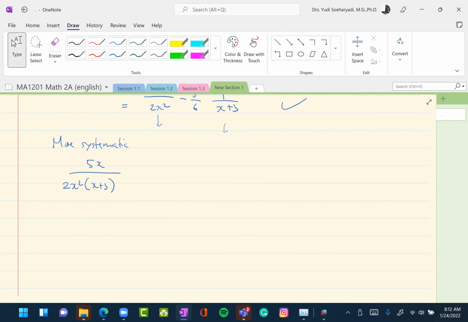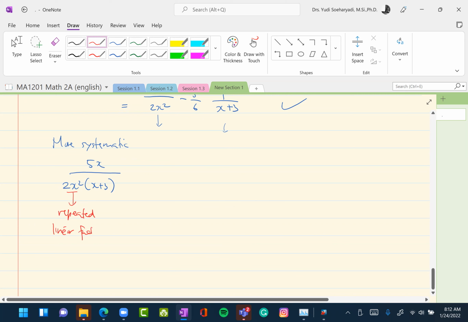Here you have the linear factor just x, right? But you have a square, so consider this as a repeated linear factor. Well, this one is distinct. So this is a combination of distinct and repeated linear factors.